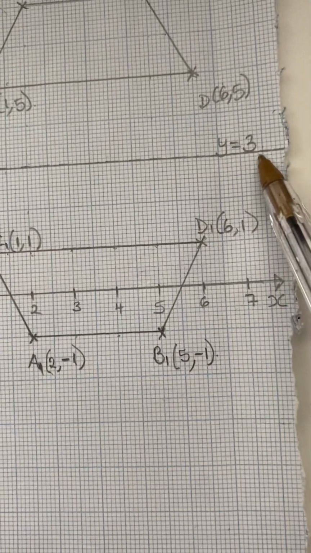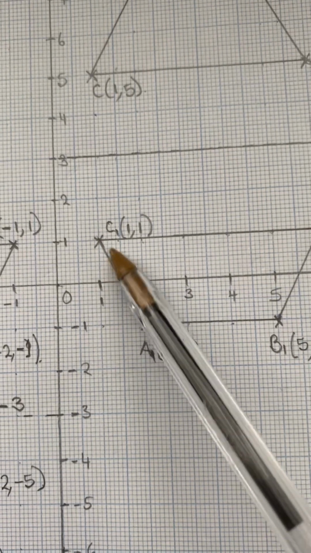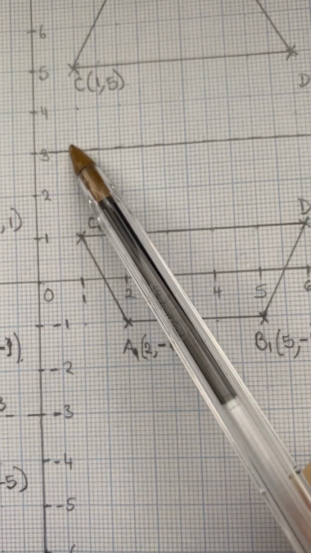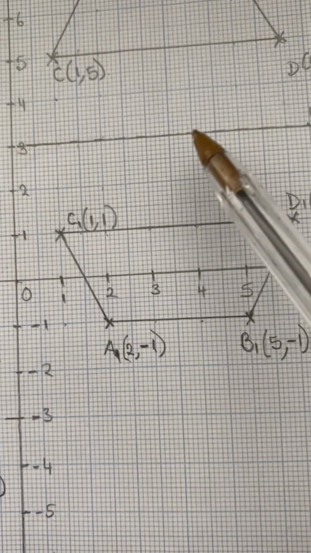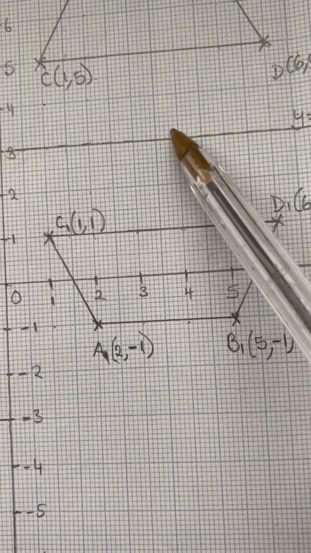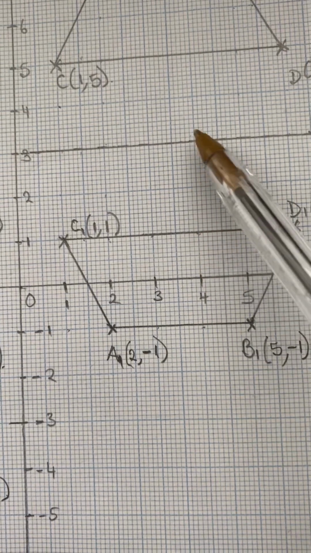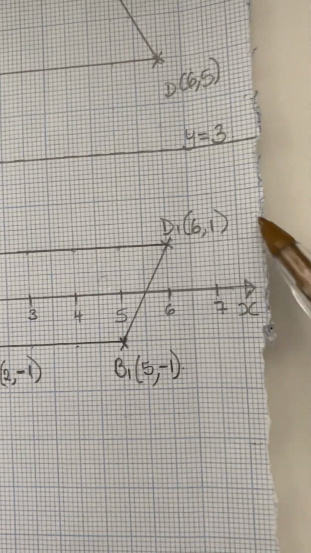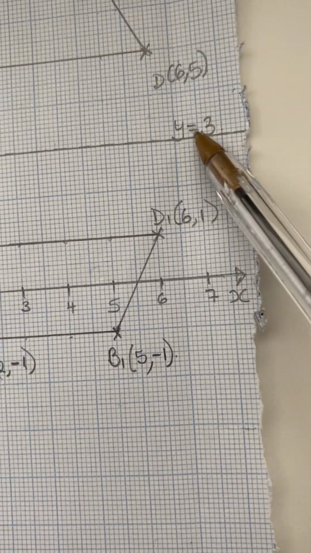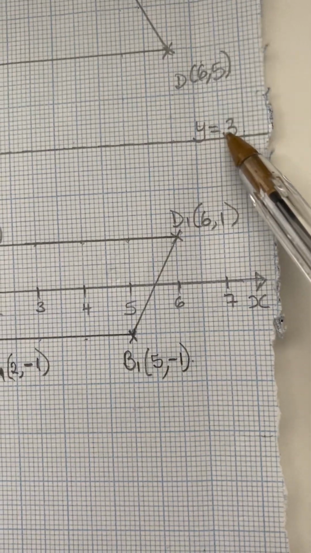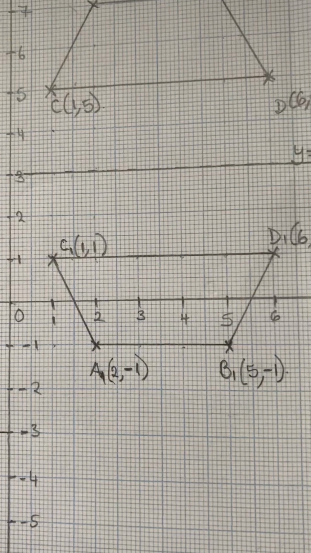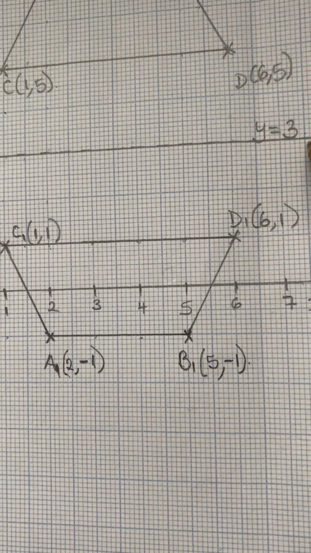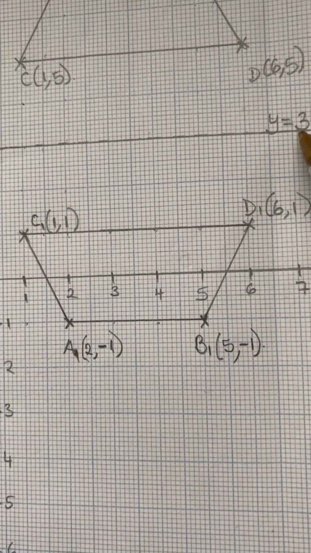For instance, a coordinate here will be (1,3), a coordinate here will be (4,3), a coordinate here will be (7,3). So on this line, y will be what? 3. y is equal to 3.